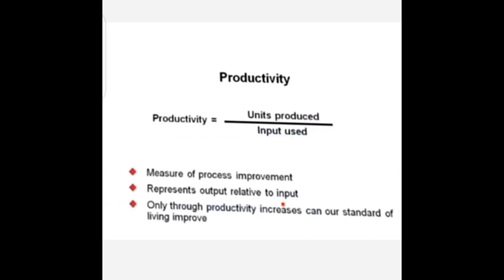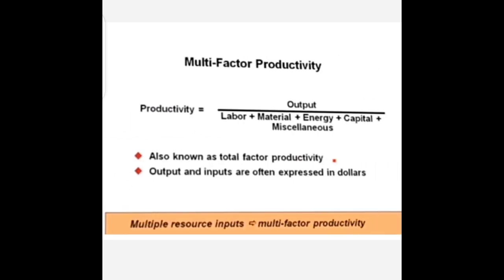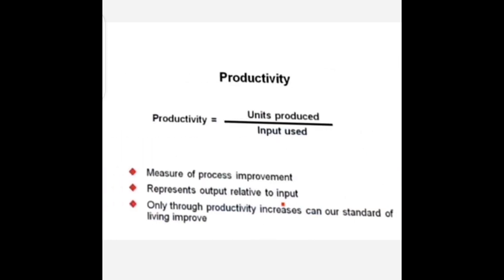This was only single-factor productivity, as we use only one factor, like human or labor, capital, or technology. There are certain factors of production like human capital or entrepreneurship. So we use only one input.